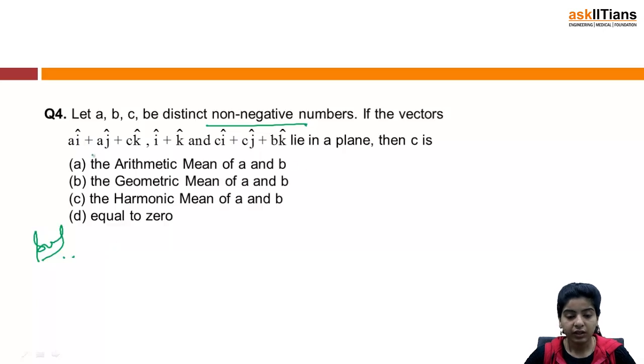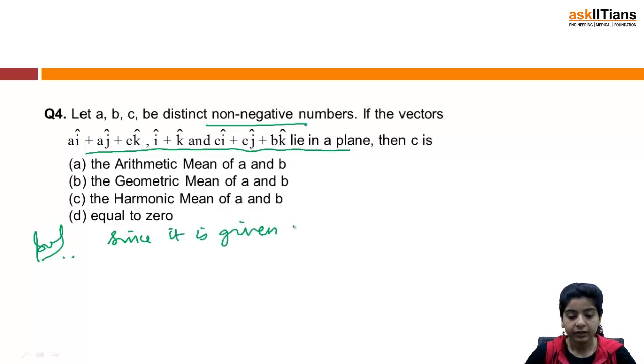Now it is given that these vectors lie in a plane. That means the three vectors are coplanar.